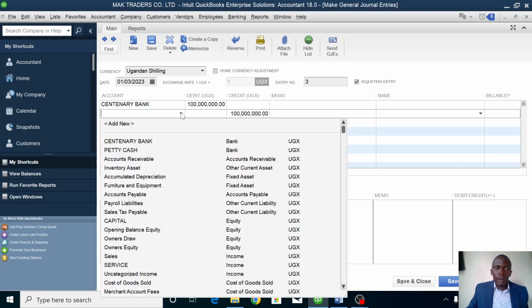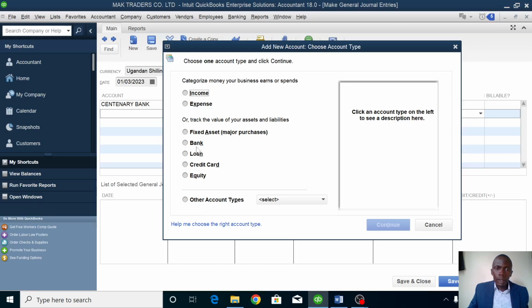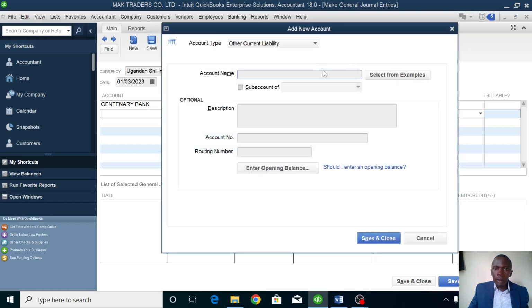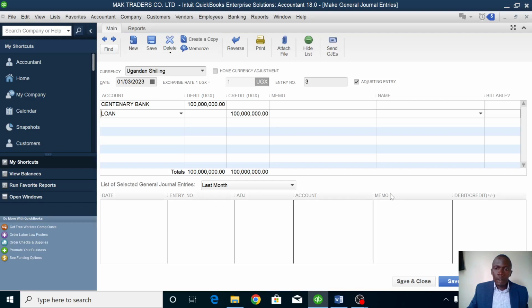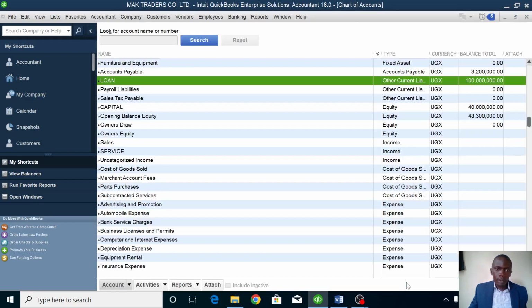So when liabilities are increasing, we credit them. If it is under loan, we create a loan account. It is a loan. This loan account, save, credit it with that amount. So we save and close.